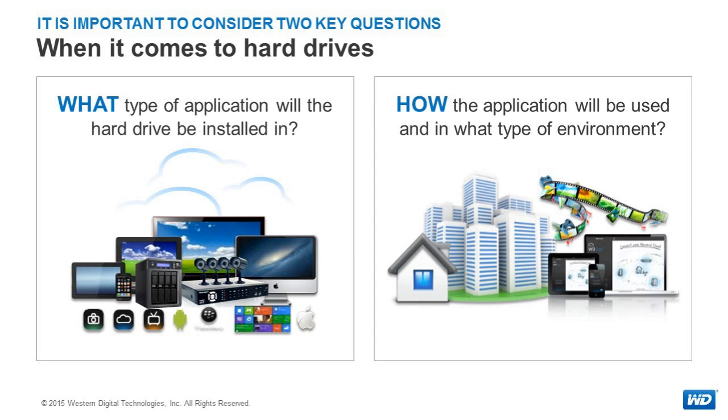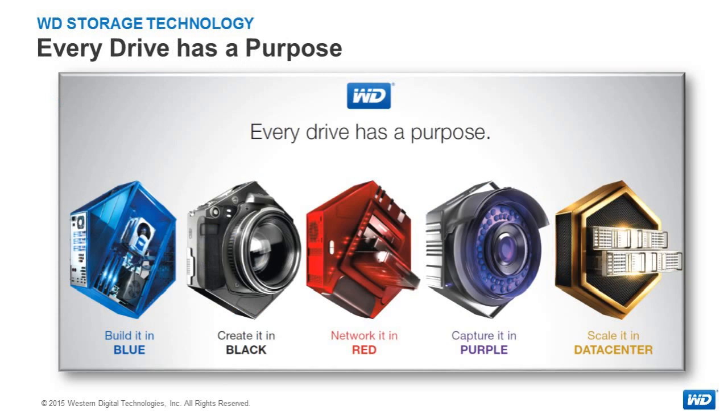For the different types of applications that are in the market today, we do have a wide range of products and essentially colors to align to those different applications. So we've got the WD Blue drives, they're more targeted at desktop PCs. We've got Black, which is hopefully being used in a lot of the workstations that the creative professionals would be using, that would be attaching to the Thunderbolt NAS that Hernan went through.